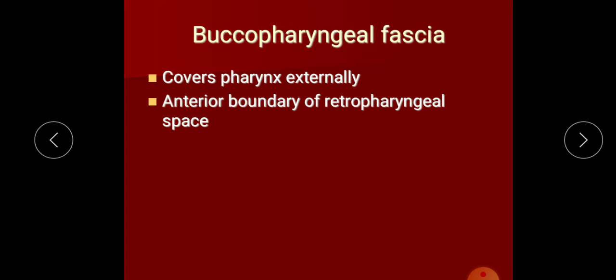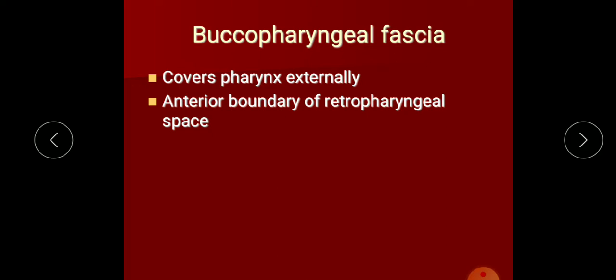That space is what is termed as retropharyngeal space. Look at that name. It is retropharyngeal space, that space which lies behind the pharynx. So retropharyngeal space you find lying in between this buccopharyngeal fascia and the prevertebral fascia there.